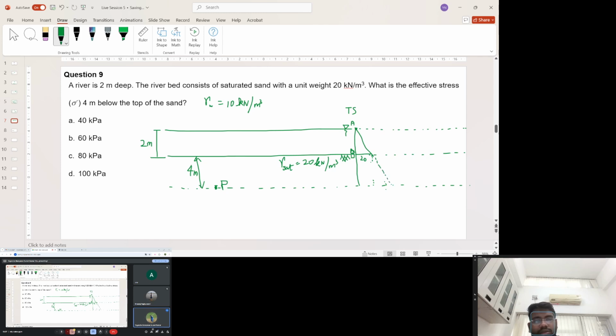Further here it will be due to the saturated unit weight, that is, stress is gamma sat into Z, which will give 20 into 4. It is due to the soil that is present, 80.